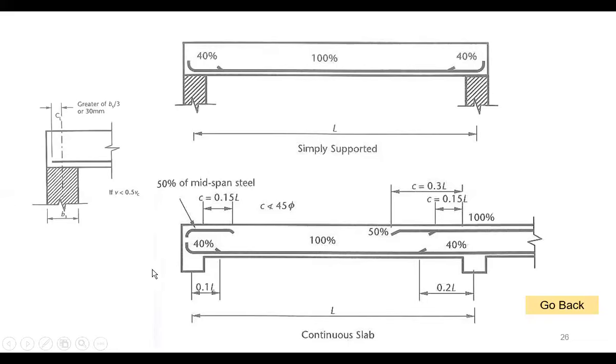What is this bs? It is the width of the support, the width of the beam here. So you divide this by 3, and this will be the extension from the center line. It will extend to the greater of these two values. Okay, this is about detailing of reinforcement.